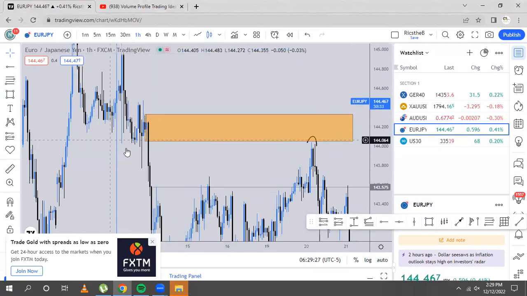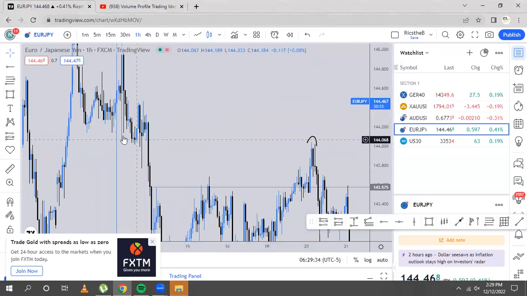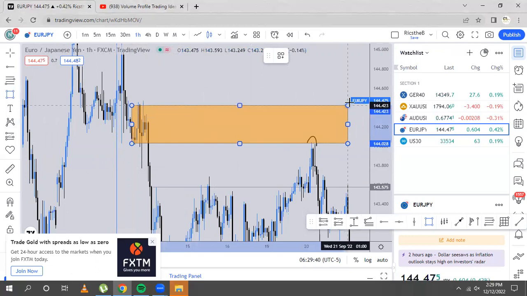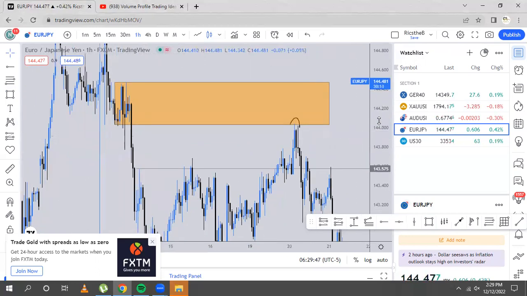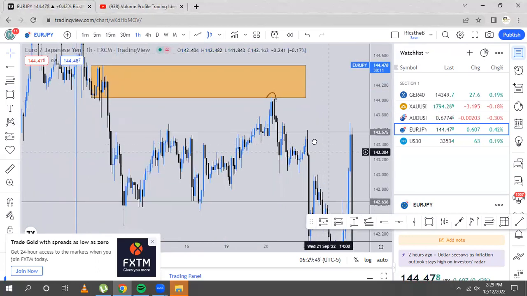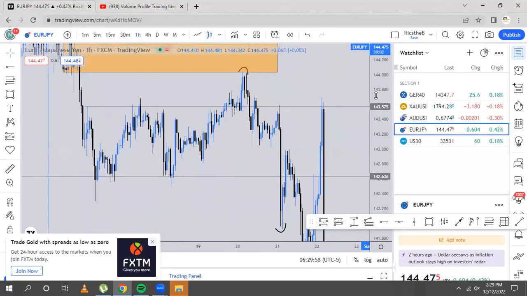For instance, this person, if they had refined this level, could have missed out on this opportunity. But the person who used this push, this entire area, would have had their entry in. Sometimes it's dangerous to refine too much. Anyway, right there where we had this push, now this area qualifies to become an area of supply.